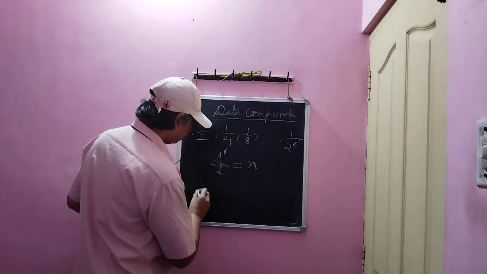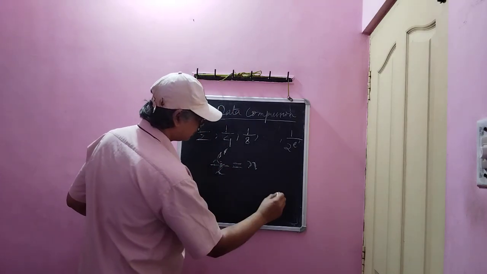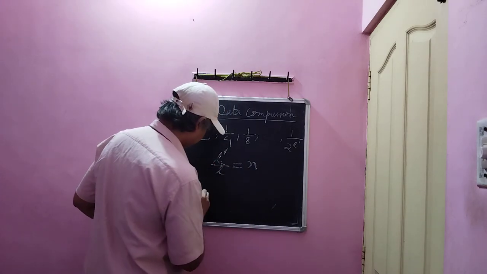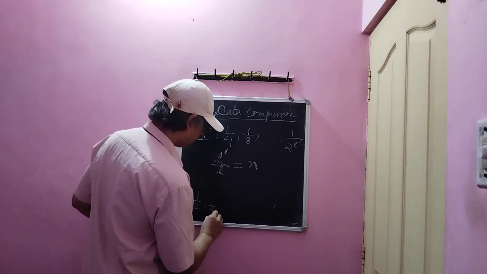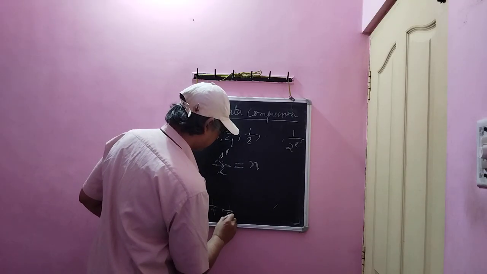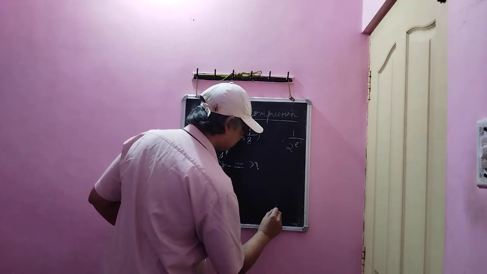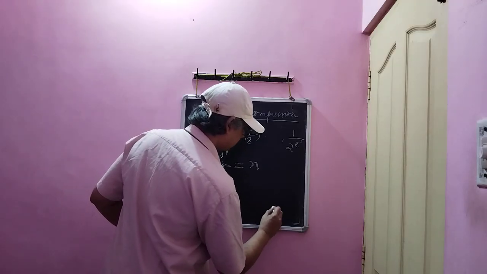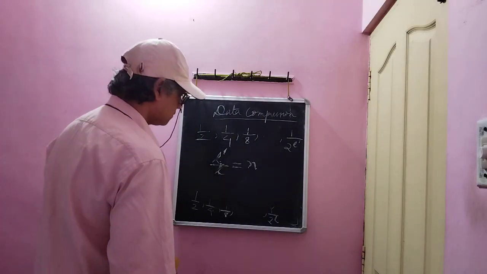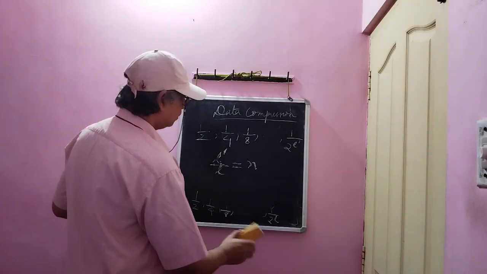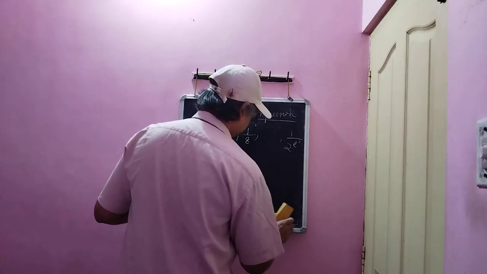That means now the ratios associated ideally would be the same thing only, 1 by 2, 1 by 4, 1 by 8, 1 by 2 power l, but L dash by L ratio is n.